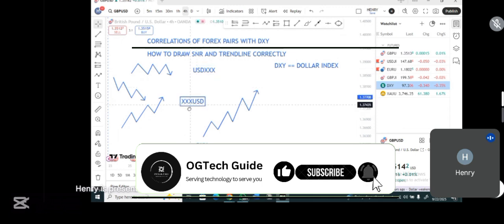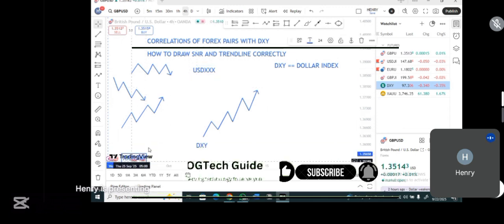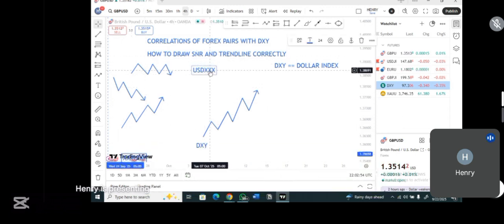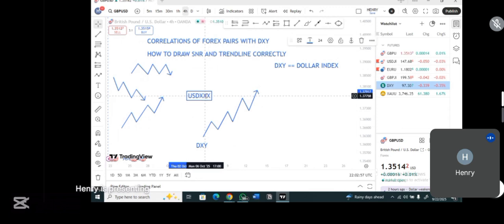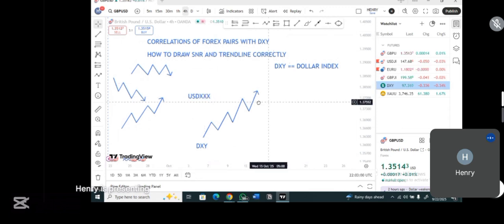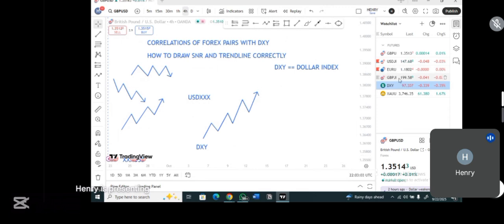Let me put USD XXX first. Now we are doing USD XXX first. You can repeat it. After that, we go to the chart and check whether what I said is true or I'm lying. So USD XXX, mention any USD XXX pair. USD JPY, thank you.